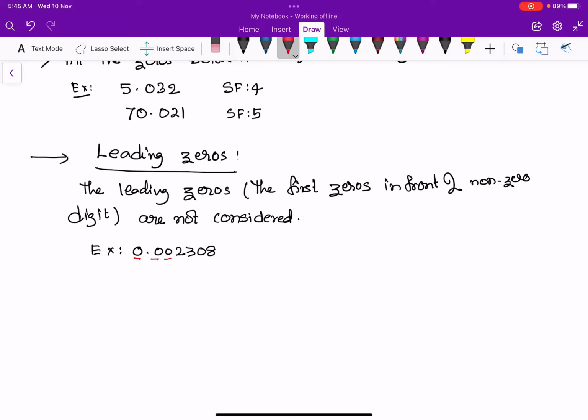So we shall not count these zeros because they are leading zeros, but these are counted. Significant figures are 4.